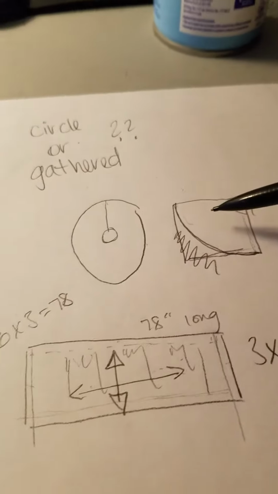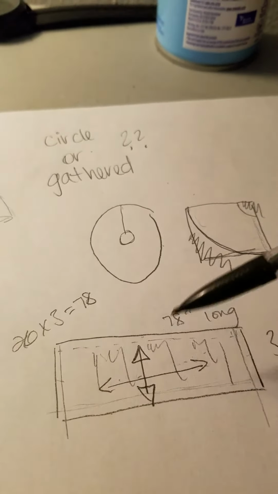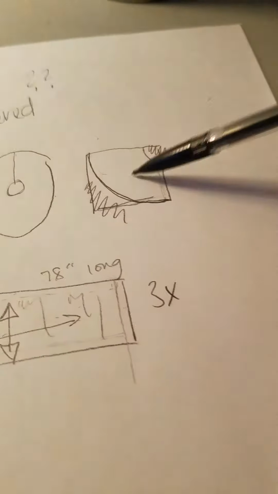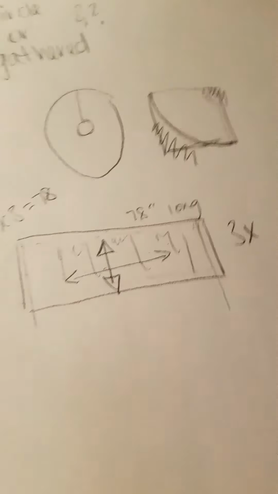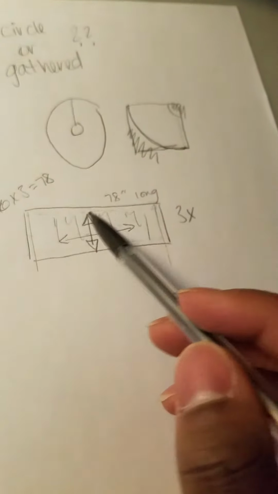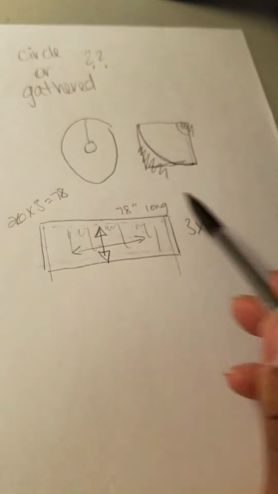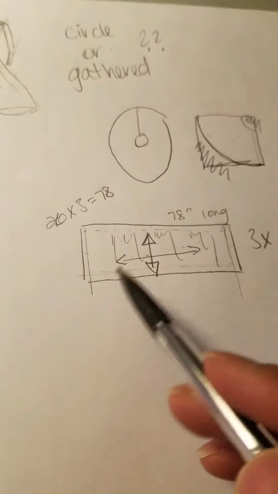The other difference is the fact that the grain line is going to affect the way a circle skirt looks way more than a gathered skirt. Just because usually with a gathered skirt, if you're just doing something basic like this, you can only get this fabric out of a couple different ways. So, I mean, you could put this on a bias.